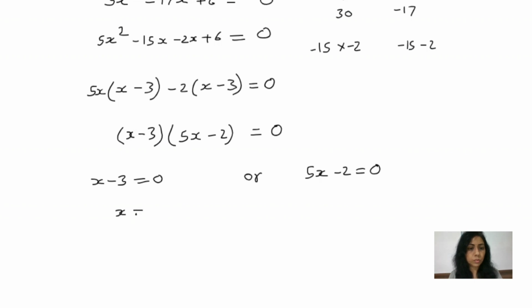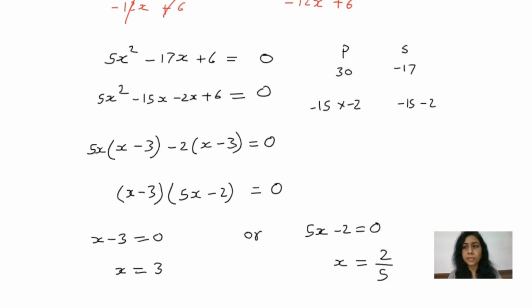So what is the x value here? Yes, 3. And what is the x value here? 2 goes to the right side, it will be positive. Now 5 is multiplied, so on the other side divide. So we got two values, 3 or 2 upon 5.